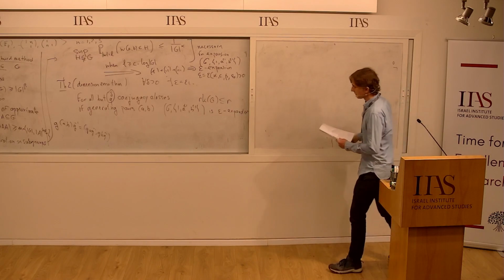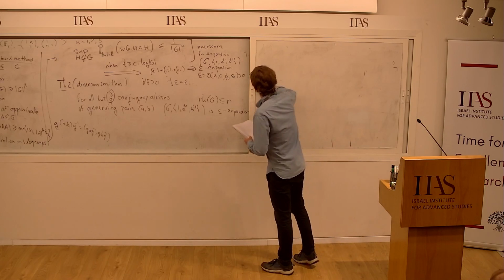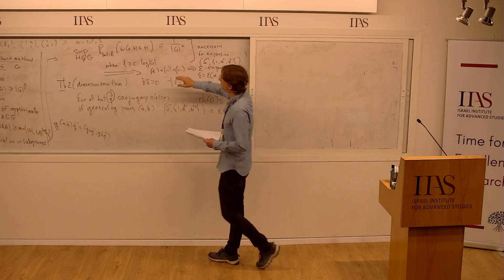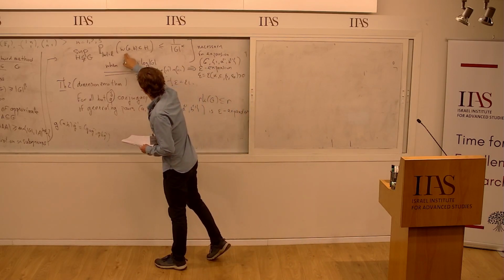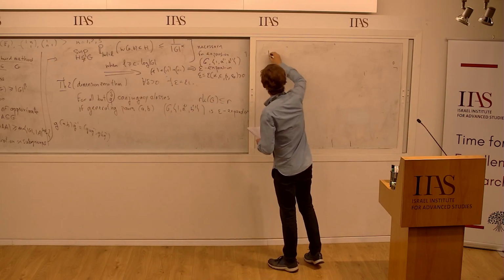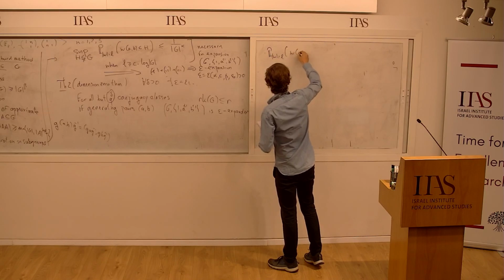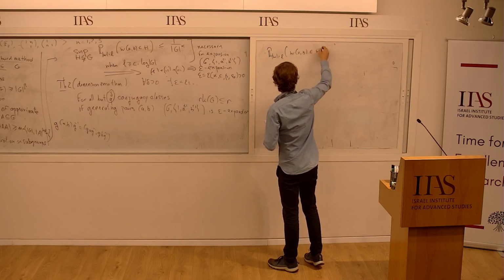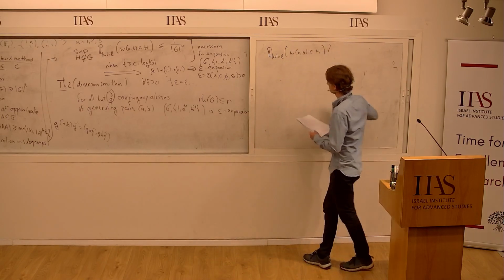All right. So the idea to tackle this probability is: what is the probability that W of A, B belongs to H? So how do you understand this?